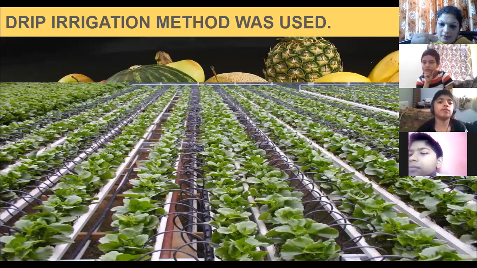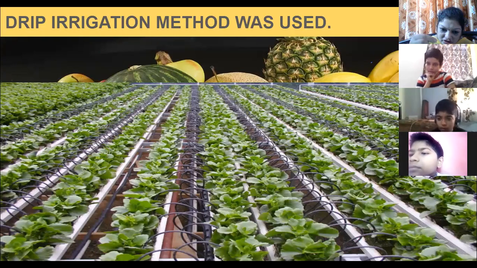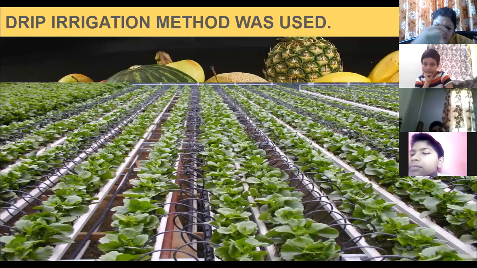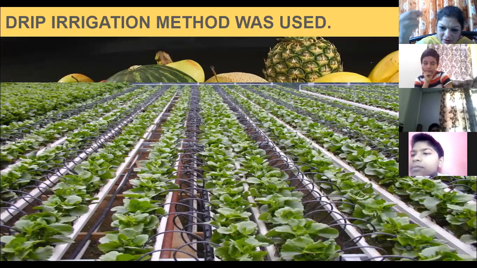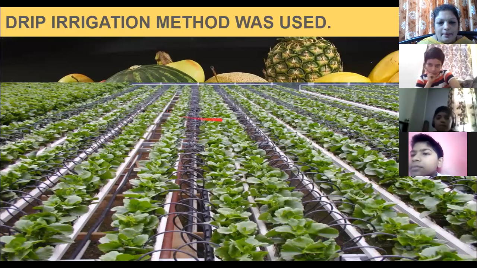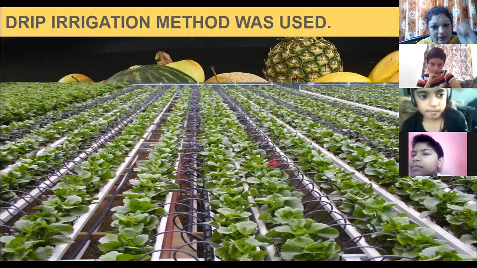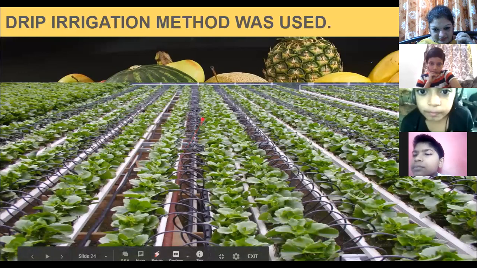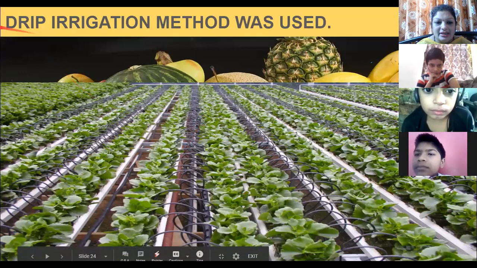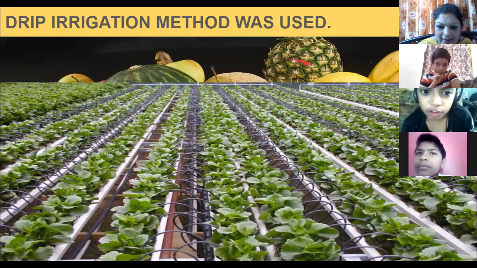Drop by drop, the drip is given to the patient, and this is how it goes inside his blood, inside his body. Similarly here also, drip by drip, or we can say drop by drop, water is being provided to the crops with the help of those holes, and that's why it is known as the drip irrigation method.